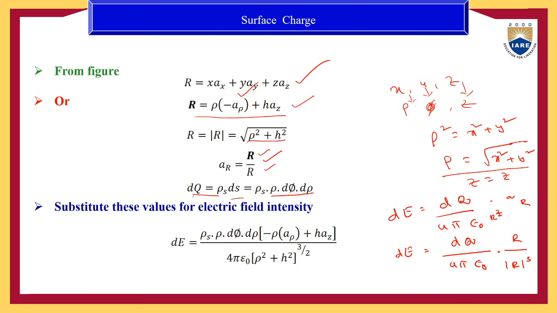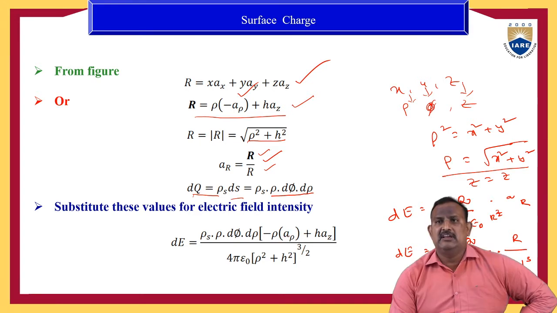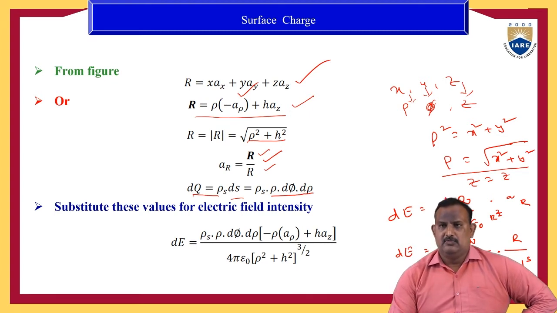So in place of dq, we can write rho s into d phi into d rho. In place of vector r, it is minus rho a_rho plus h a_z, by 4 pi epsilon naught into rho square plus h square whole power 3 by 2. Here we have mod r cube, so in place of mod r cube, it is root of rho square plus h square whole power 3 by 2.